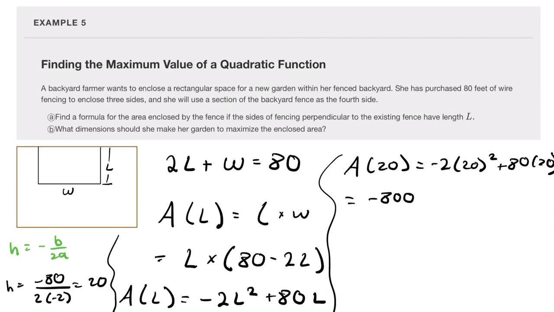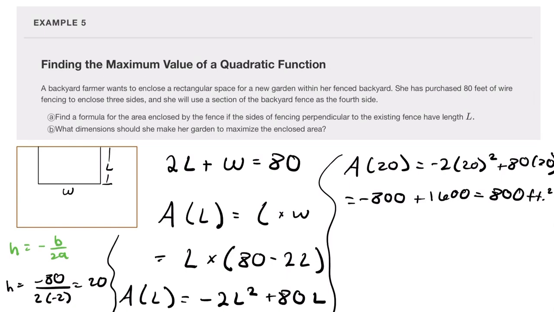Let's do a 1600. 800 square feet. So that's going to be the maximum area. And that occurs when the length is 20.